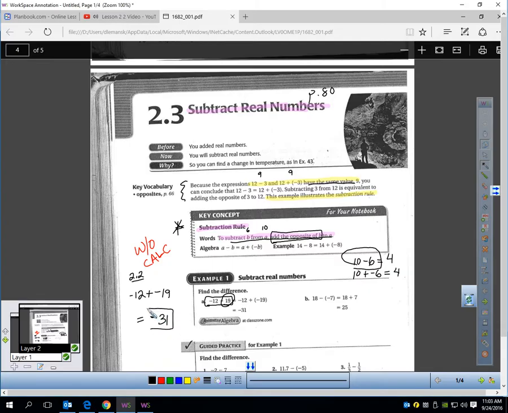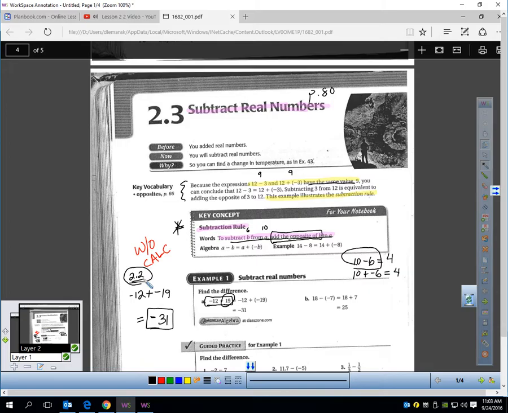The answer is negative 31. You notice how I ended up doing the same thing I did the other day. The nice thing about this method is that instead of teaching you a whole bunch of new stuff, if you just change the problem from subtraction to addition, if you add the opposite, you're doing the same things you just did in the other day's homework, and now we're just getting better at it because we're doing the same stuff each day.